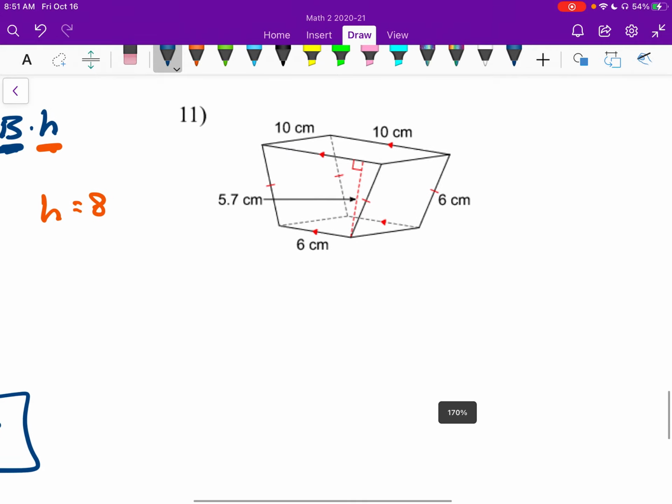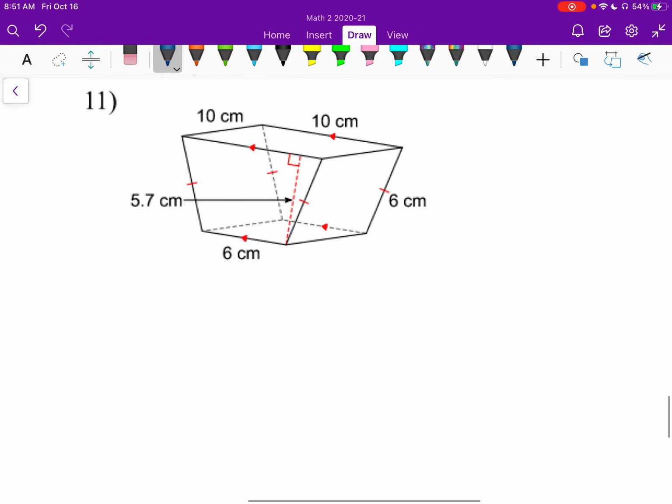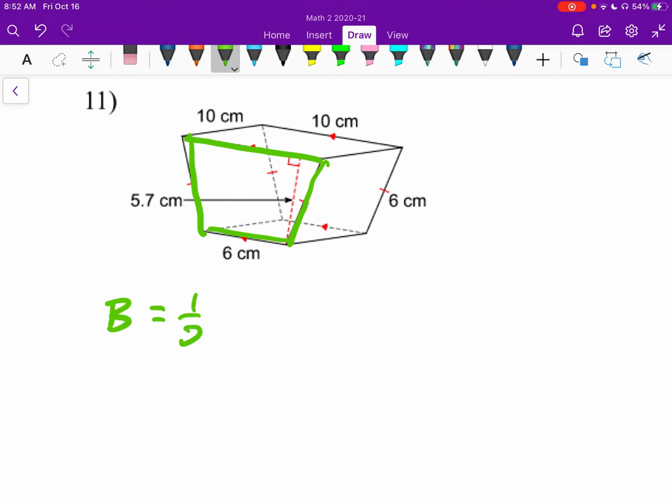All right, number 11. Again, we have a trapezoid here. Let me change colors. I'll use green. We have a trapezoid here. That's our big base. So we're going to have 1/2 times the bases added up, which would be 6 and 10.